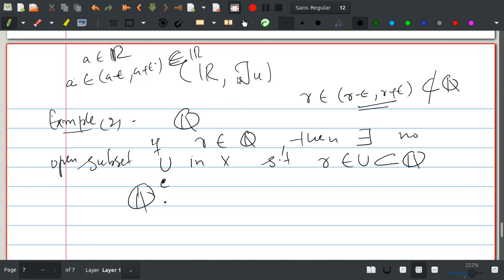One should remember we are taking the usual topology. So there are sets which are not a neighborhood of any of their points, and there are sets in a topological space which are a neighborhood of each of their points.